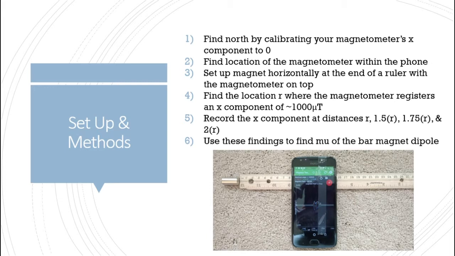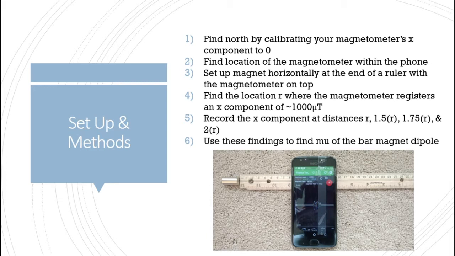Then we needed to find the location R where the magnetometer registered an X component of about 1,000 microteslas. Then using this distance, we recorded the X component of the field at distances R, 1.5R, 1.75R, and 2R.